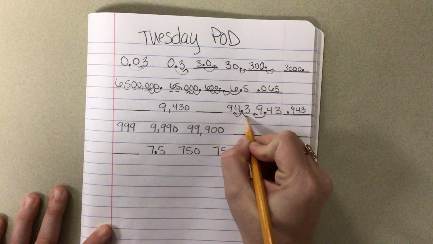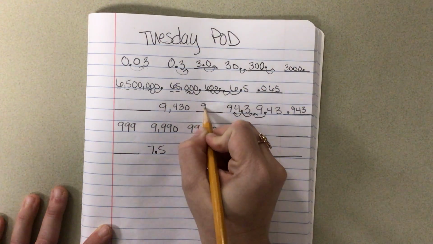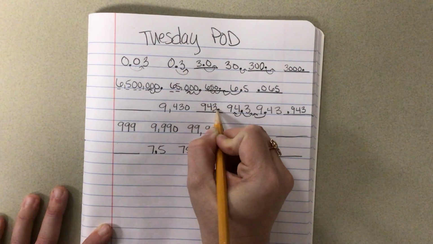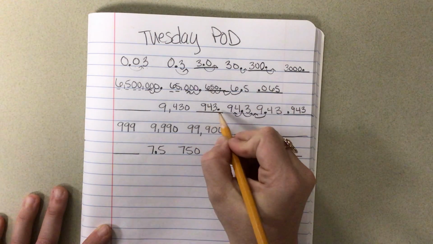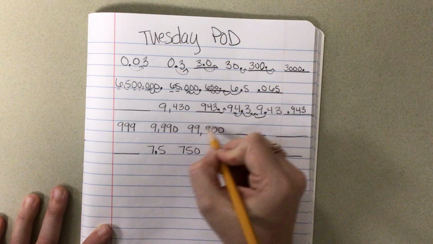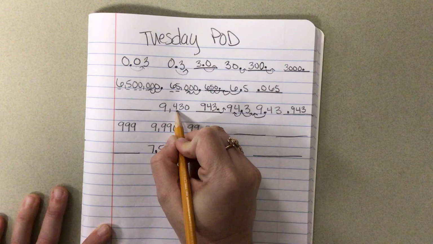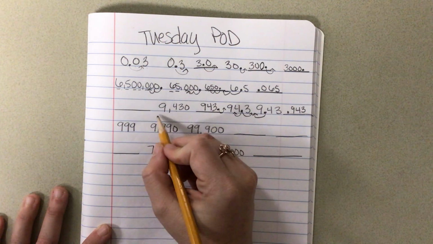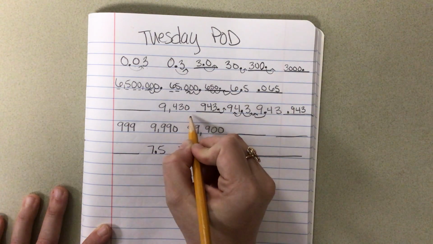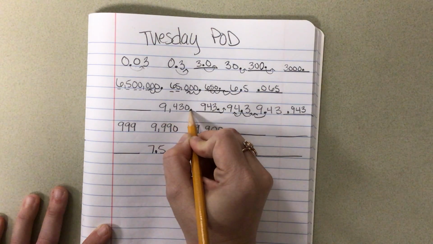I should move it the other direction. So here's going to be 943 with a decimal. Now I move that decimal over again to get 9,430. So where does my decimal go on this number? It's going to go here at the end.